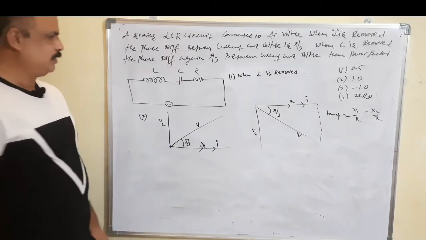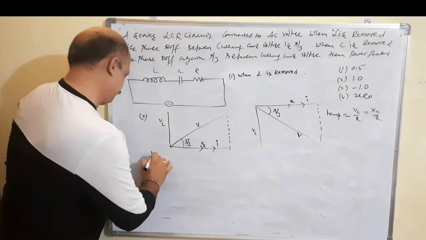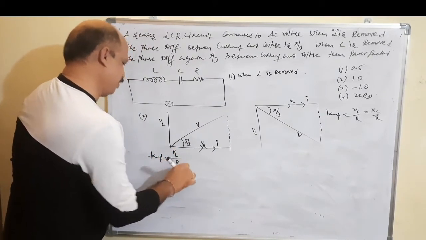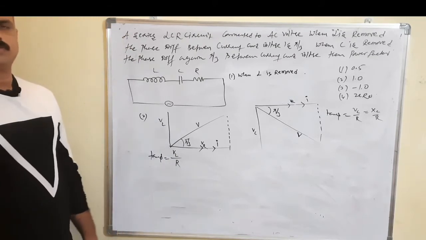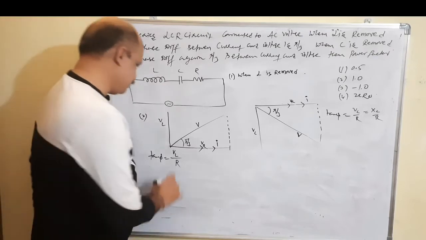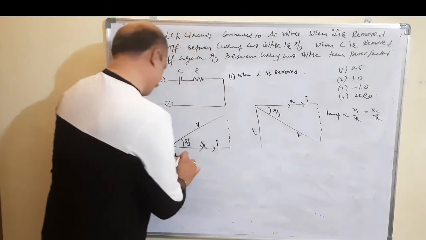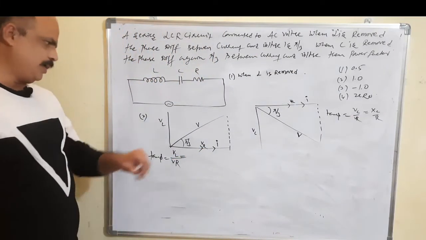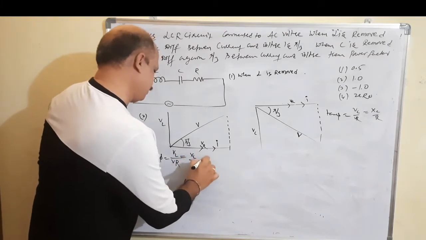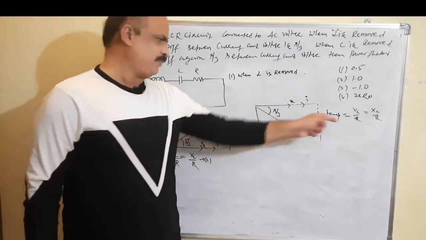So tan phi is equal to VL divided by VR, and in terms of reactance, XL by R. This is equation 2.